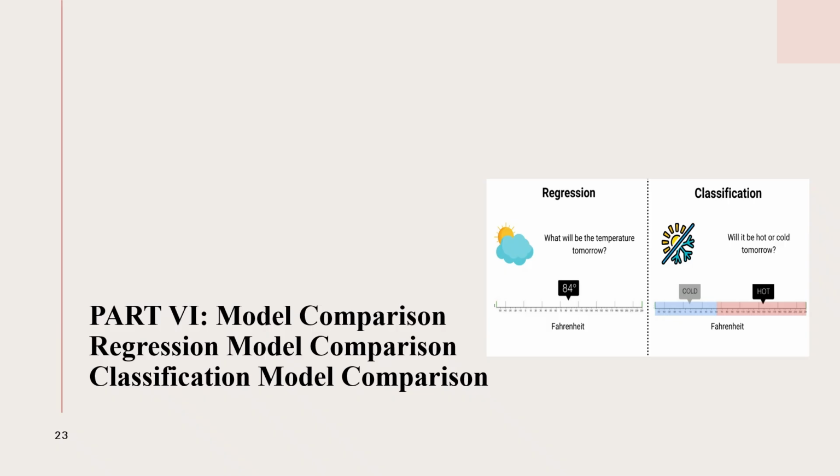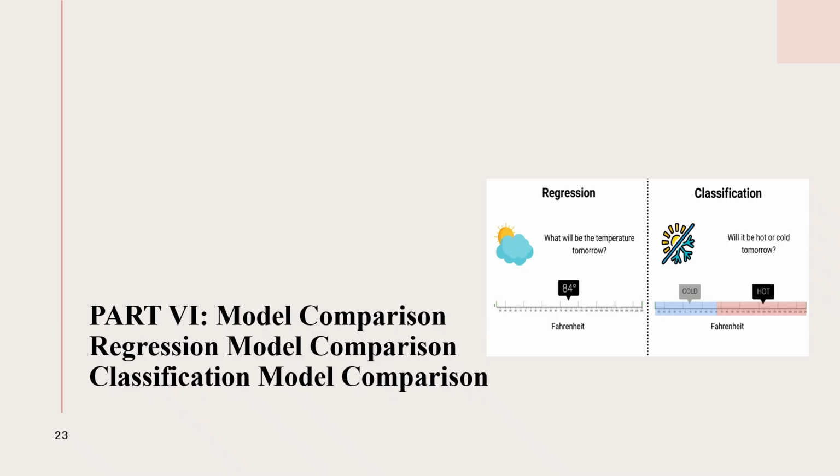But before comparing the models, let me briefly explain the difference between regression and classification, since we are working with both types of models. Regression and classification are two main types of supervised learning problems. In regression, the output is a continuous numeric value, as you can see here in the image.